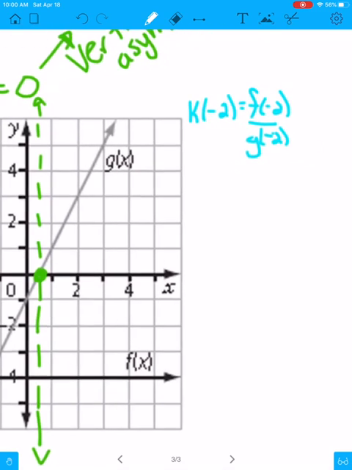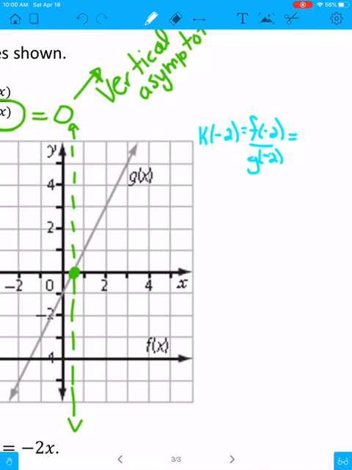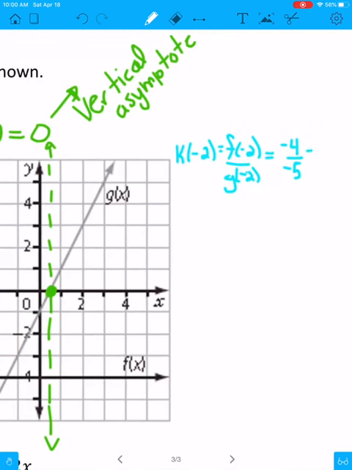So f of negative 2, f is still the black graph, f of negative 2 is here, it's at negative 4, divided by g of negative 2 is negative 5. Which is 4/5, or if we want to plot it, it's 0.8. So I know I have a coordinate at negative 2 and 0.8.